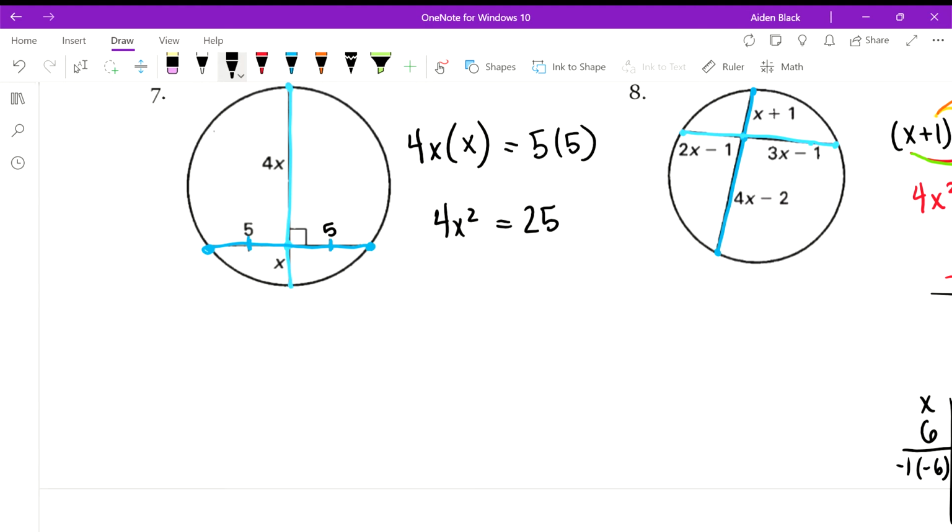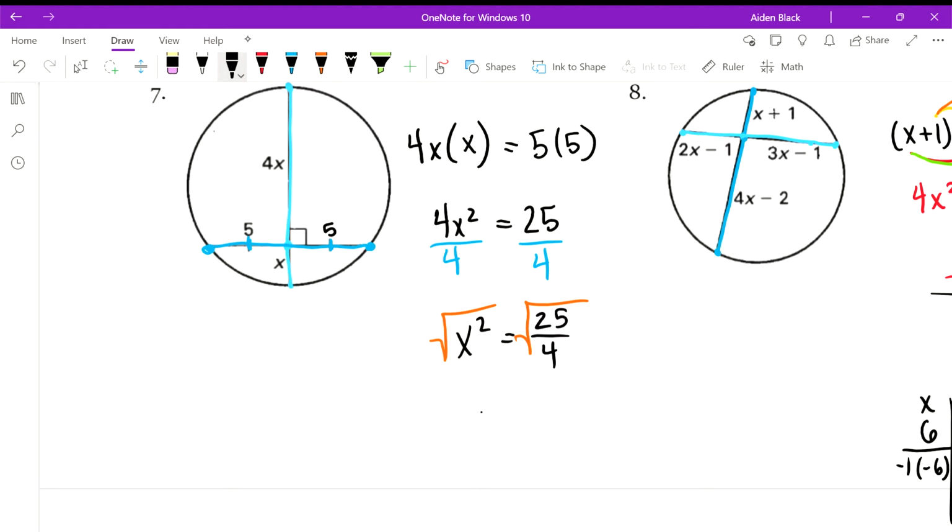You can divide both sides by 4, because we want x by itself. You end up with x squared equals 25/4, and we want to undo that square, so we take the square root of both sides.